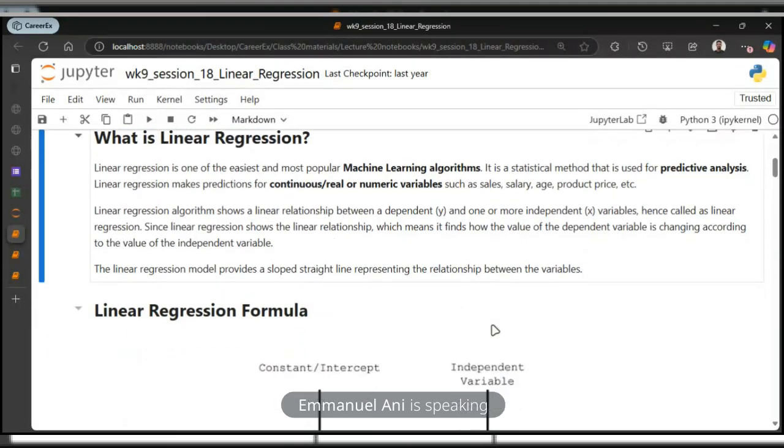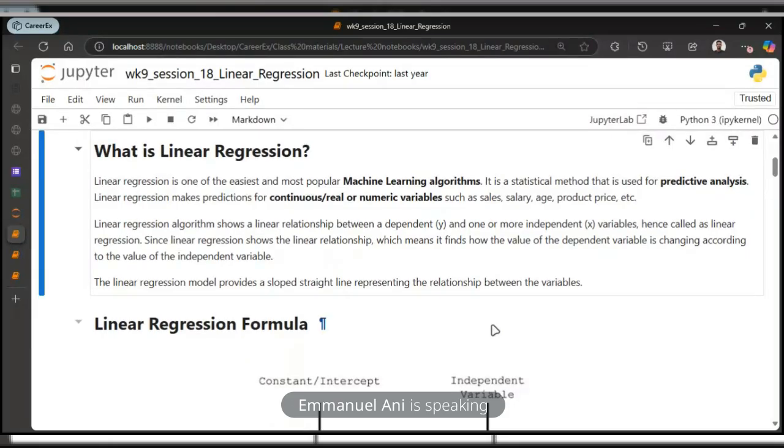So linear regression, now, this might be looking or sounding new to some of us, right? For those of us that have been exposed to ML before now, or those of us that have taken courses, statistical courses, we'll probably have heard of linear regression. If not linear regression, you probably have heard of regression itself.